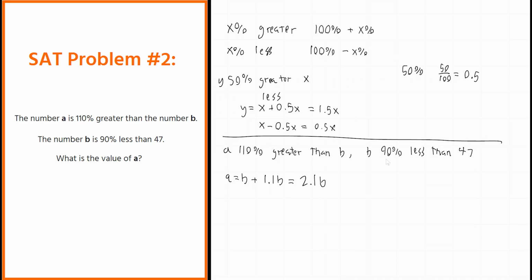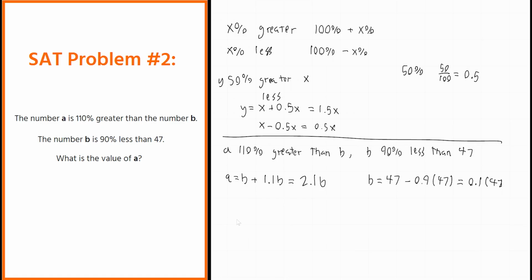And if B is 90% less than 47, that means that B is equal to the full value of 47 minus 90%, or 0.9 of 47. Which means, in other words, it is equal to 10%, or 0.1 of 47.